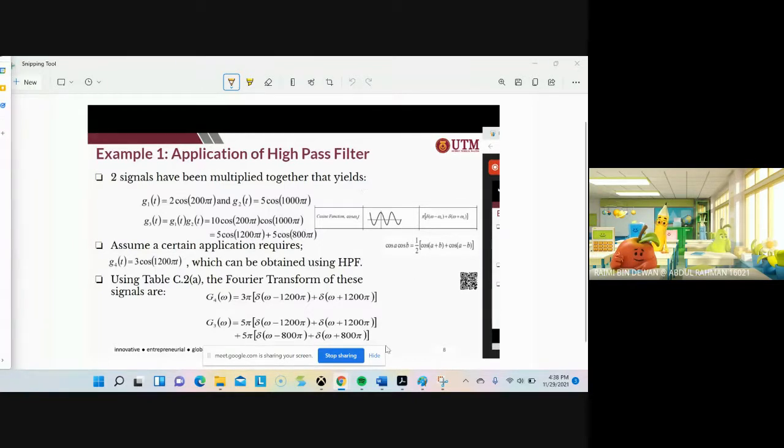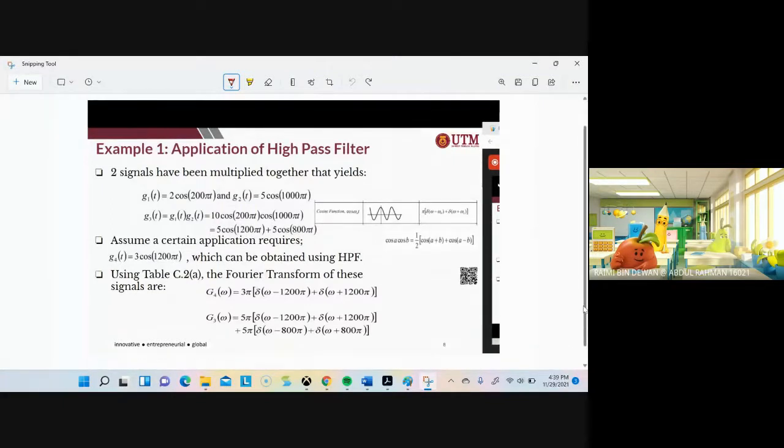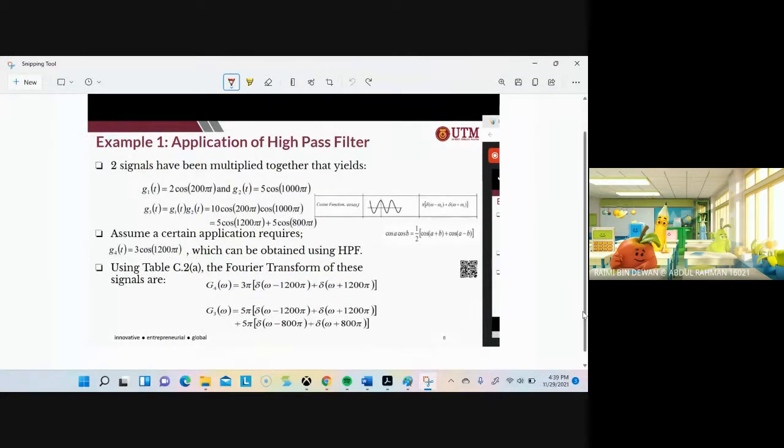Okay, so you can see two signals. You need to refer to your table. For this subject, you always need to refer to the table, and you will use some identities.